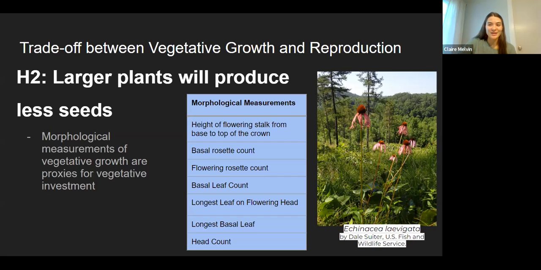And I compared the morphological measurements taken in the field that are proxies for vegetative investment, including the height of the flowering stalk from the base of the plant to the top of the seed head, the number of basal leaves, and the length of the longest basal leaf.